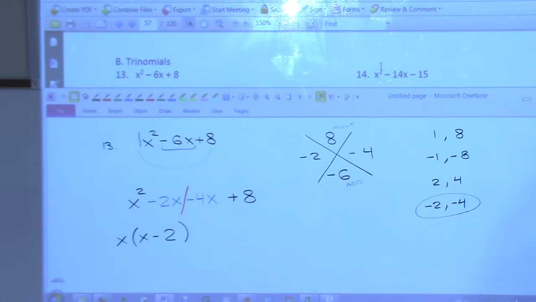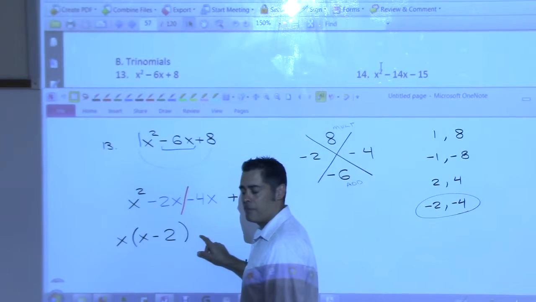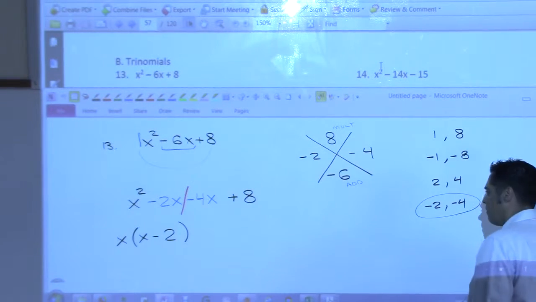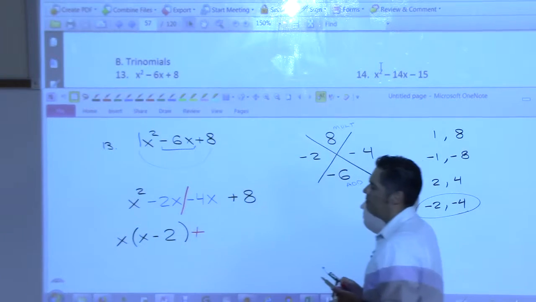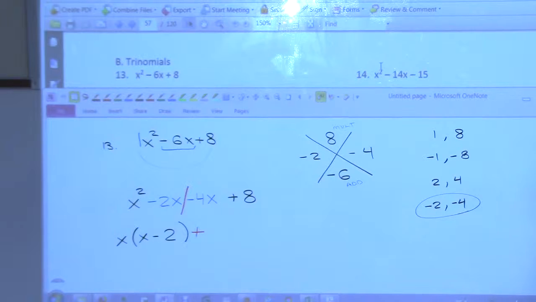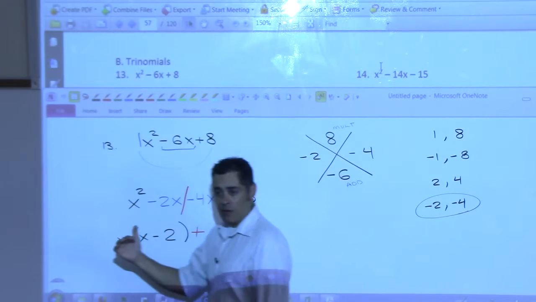Now, what I've told you to do next is write a plus sign, right? Okay, now look at your second two terms. It's where things are getting a little bit tricky. What's a GCF for the second two terms? 4, right? You could pull a 4 out, couldn't you?